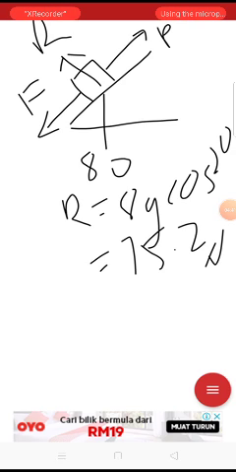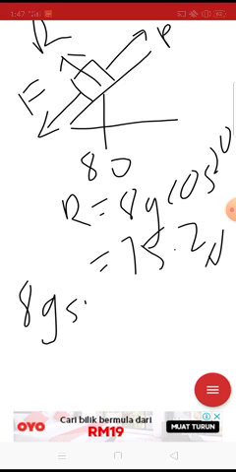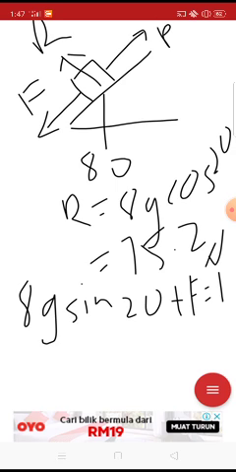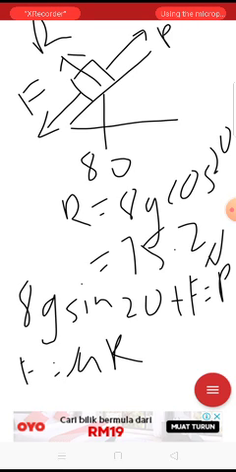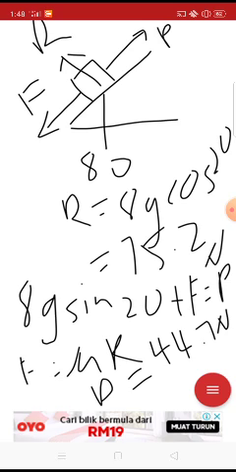At the same time, we resolve parallel to the surface: 8g sine 20 plus F will be equal to P. But we know that F equals mu R. By substituting into the second equation, we will get P equal to 44.7. This is the largest force that you need to apply to hold the item.